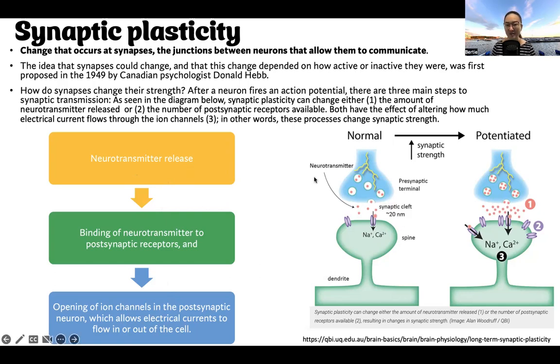On the right-hand side, you see a picture on synaptic plasticity that can change either the amount of neurotransmitter released, 1, or the number of the postsynaptic receptors available, resulting in changes in synaptic strength. You can see here the neurotransmitter within the synaptic cleft, and here the spine, and then the dendrite. This is normal, and then potentiated here.